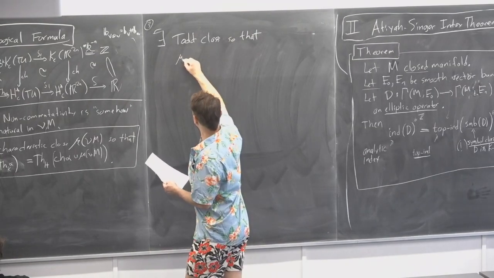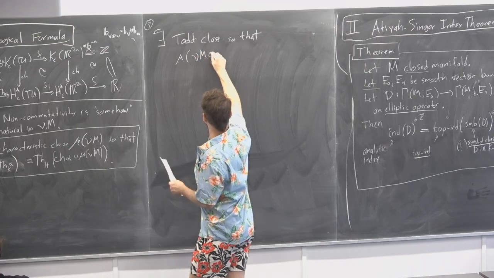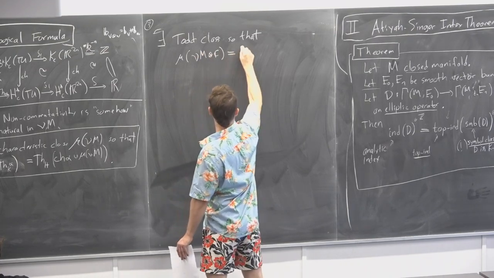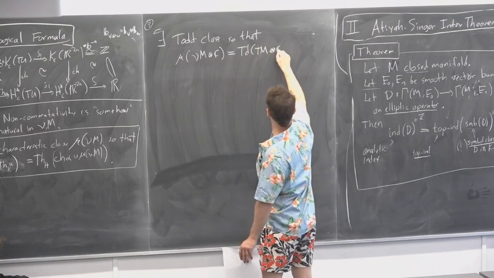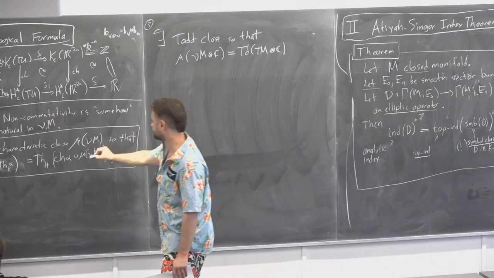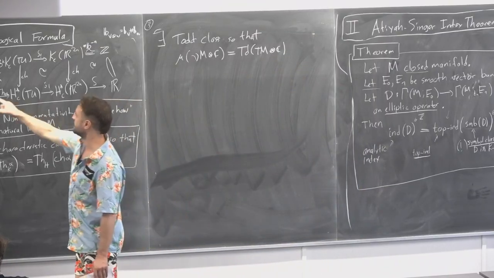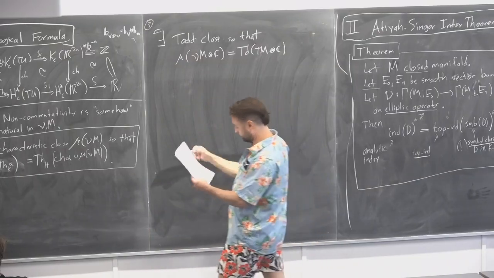I'll just write down verbatim from the notes. If you take your normal bundle and complexify it, this mu is the same thing as the Todd class of the tangent bundle complexified. So this lets us replace this expression with something that depends on the tangent bundle of M, rather than the normal bundle of M.